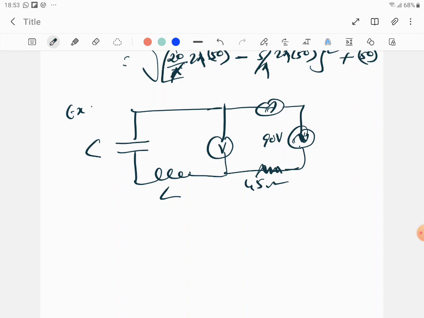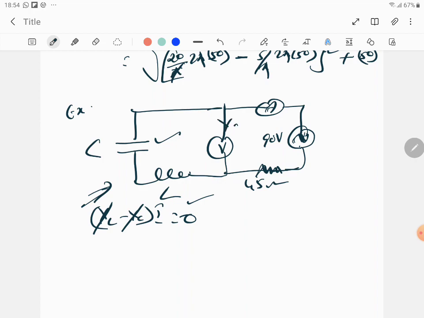The reading on the voltmeter is what they're asking, and the voltmeter is connected in parallel with L and C. The voltage across L and C is nothing but (XL minus XC) into I. Since XL and XC are the same, XL minus XC is zero, so the current flowing here is zero.